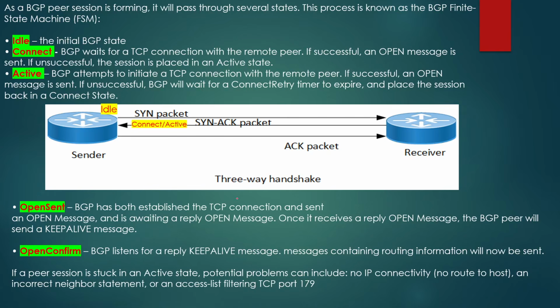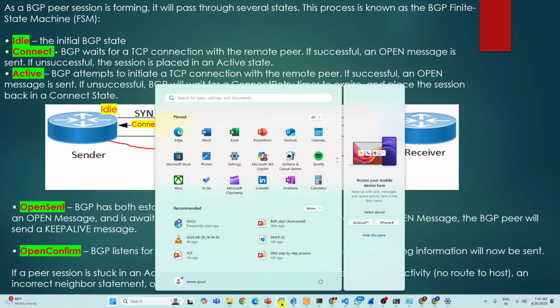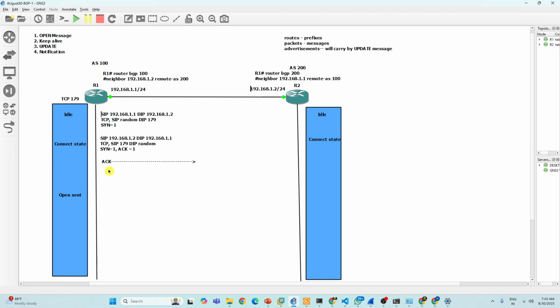As you see here, first it sends a SYN packet to the router, the router responds with SYN-ACK, and then immediately it sends the acknowledgement packet. This is called the three-way handshake process. Once you have completed the three-way handshake, immediately it will move to Open Sent state. Upon completion of the three-way handshake process, the TCP connection is established.